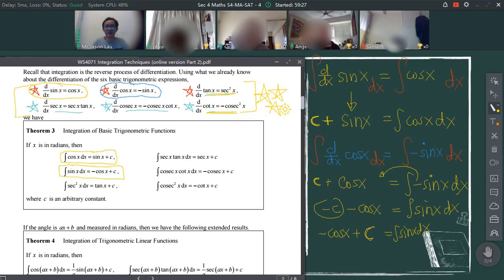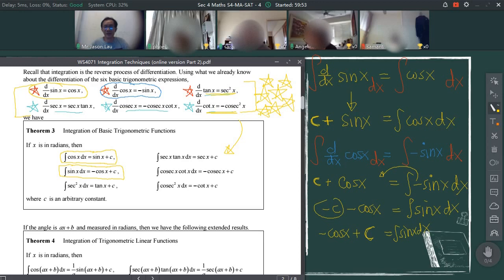Why? Because I find that over time, those who try to memorize both sets of formulas get confused. When you differentiate and integrate, they mix up some of the results. So I don't want you to get mixed up. Focus on one. Make sure you put a lot of stars here, then when you transit over, it's easier.